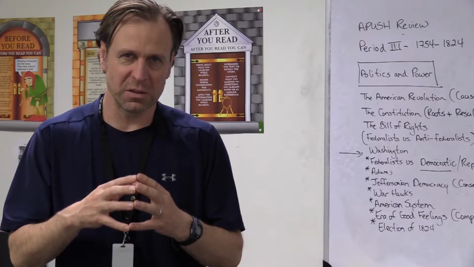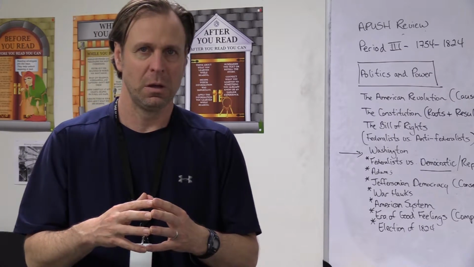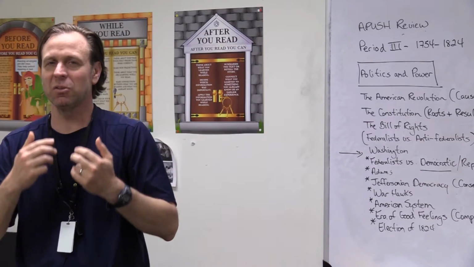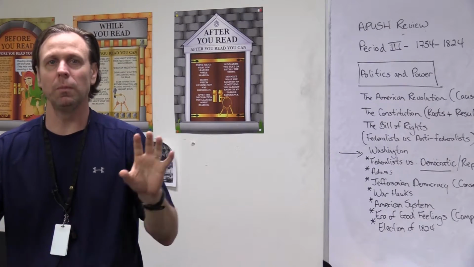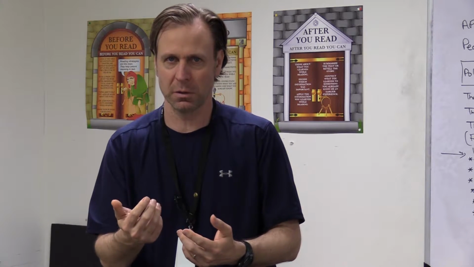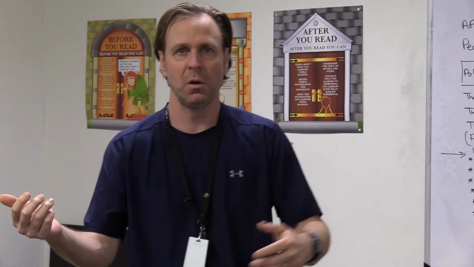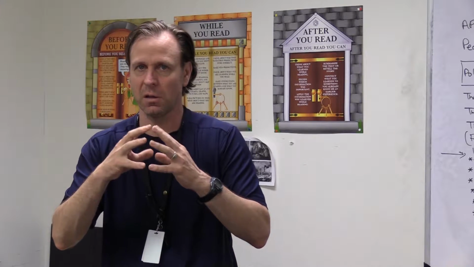Washington's term sets precedents, but his vice president, who gets elected in 1796 during the first election between two major political parties, the Jeffersonians on the one hand and the Federalists on the other, actually showcases a major flaw in the Constitution.